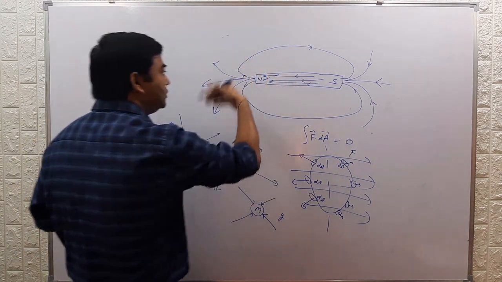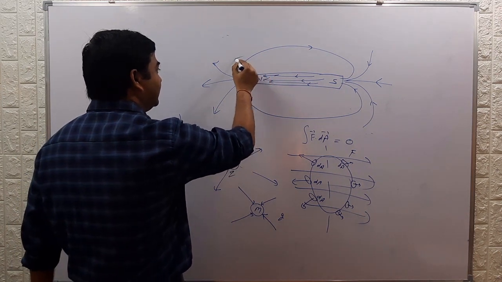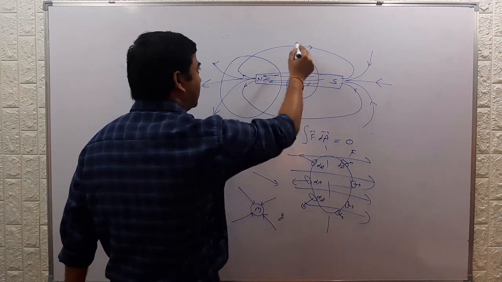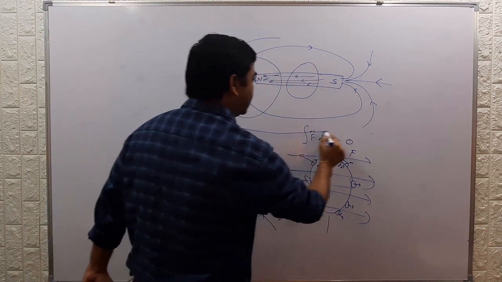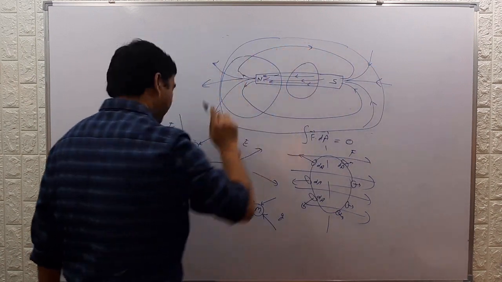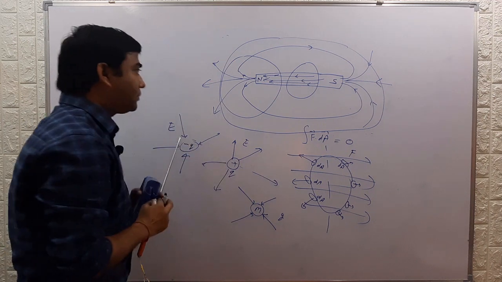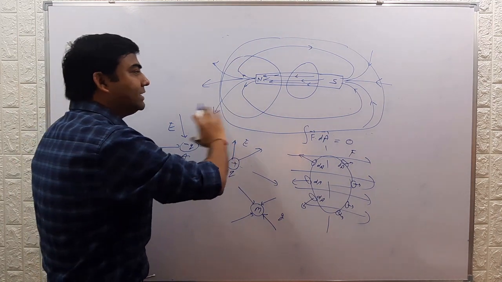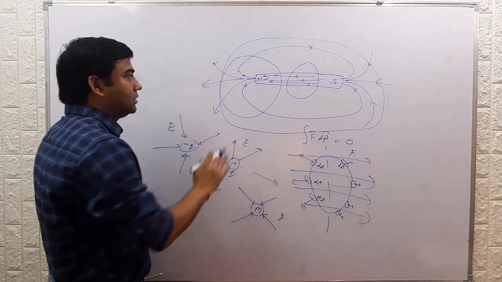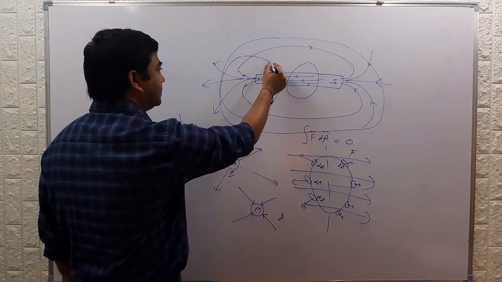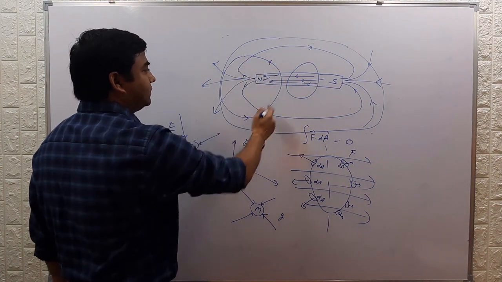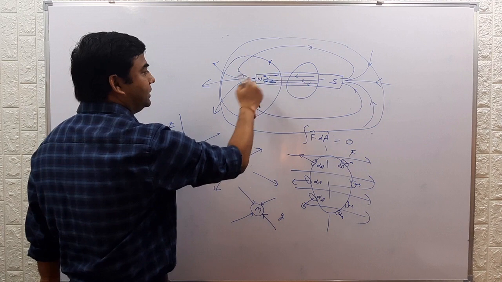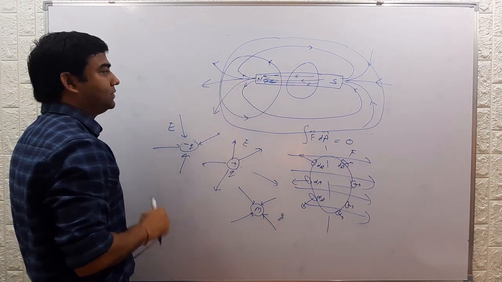Any Gaussian surface you imagine, suppose you imagine a Gaussian surface here, here, or a complete Gaussian surface, in all these cases, magnetic field lines are continuous. For this Gaussian surface, these are the magnetic flux lines, they are entering this surface and these lines are exiting from this surface.